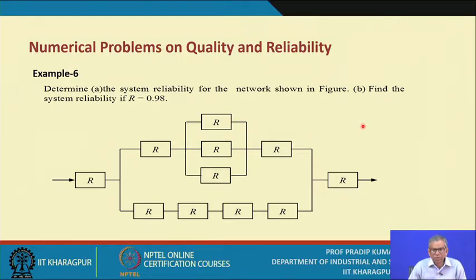And while you solve a particular numerical problem, you follow a systematic approach, and sometimes just referring to one particular numerical problem may not be enough in understanding the concepts. So it is supplemented with many case studies.